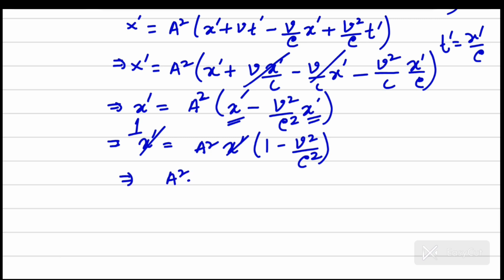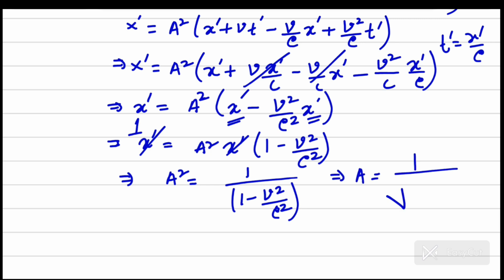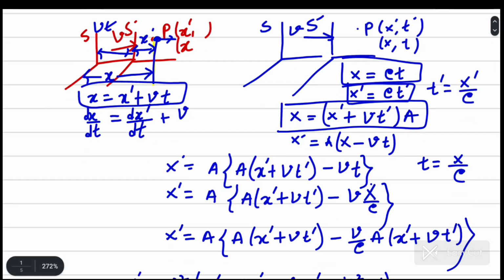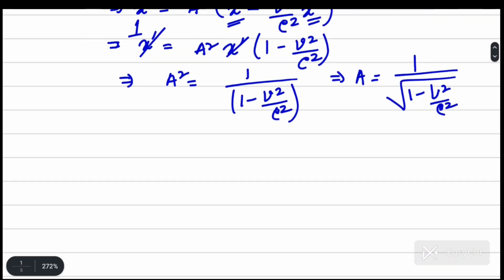So a square is simply 1 upon 1 minus v square by c square, and a equals 1 upon the under root of 1 minus v square upon c square. And so this is the factor a, and so the total result we can write.